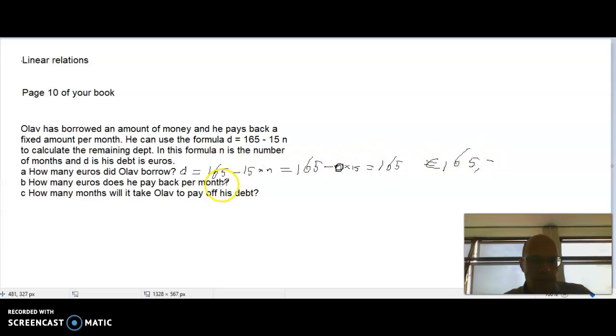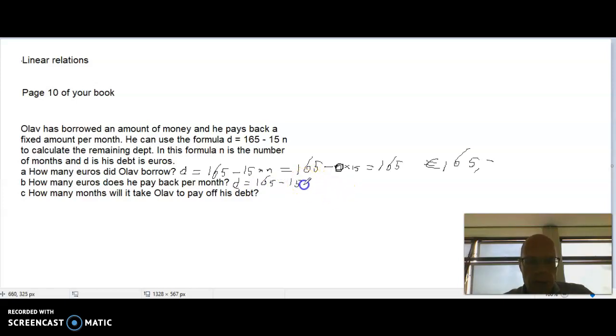How many euros does he pay back per month? So how much does his debt get lower each month? Well, he started at 165. After 1 month, you have a debt of 165 minus 15.